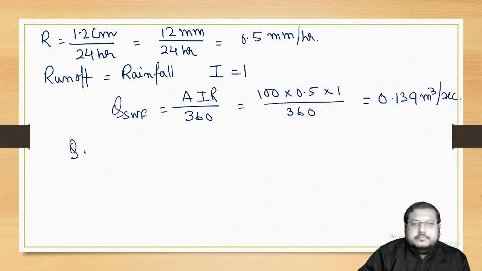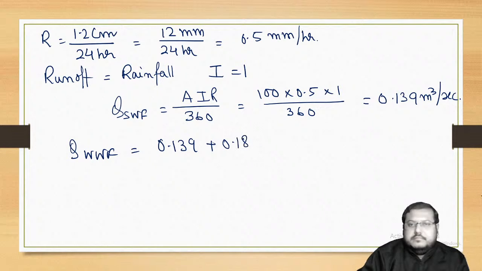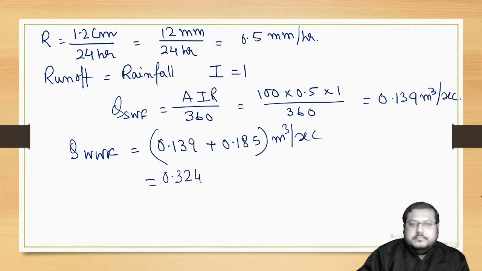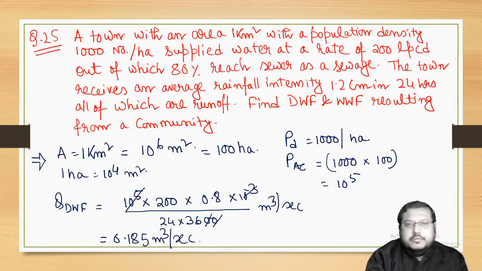So QWWF will be equals to 0.139 plus 0.185 meter cube per second, that is 0.324 meter cube per second. Hope you understand the things. Just have a look. The question solved.